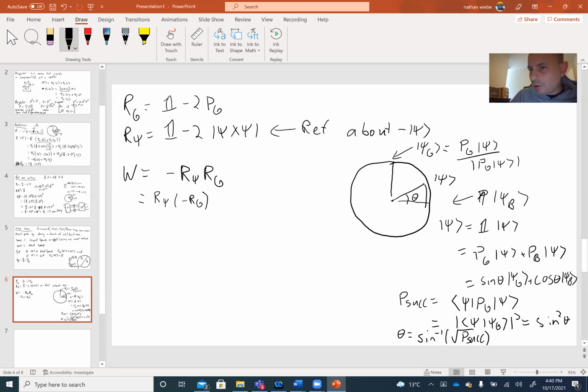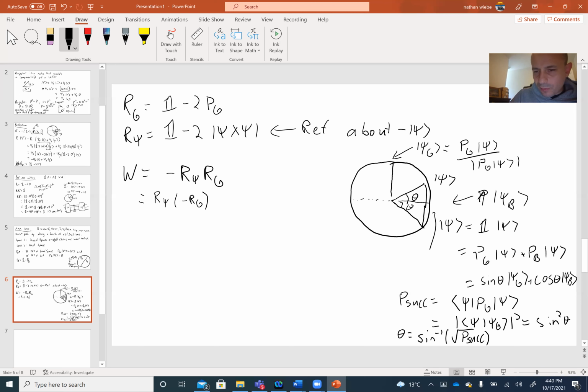So we can understand what's going on visually just by taking a look at the diagram here. Reflecting about the orthogonal complement of G, which is what negative RG does, will map our vector psi to the exact same vector, but it will have an angle theta over here that will now be negative.